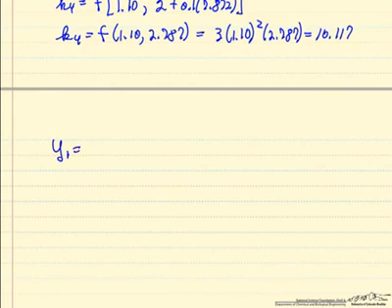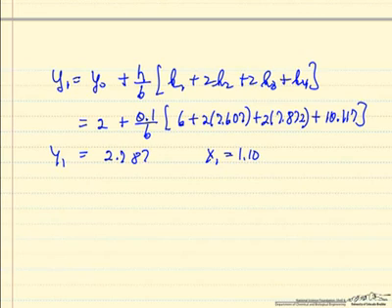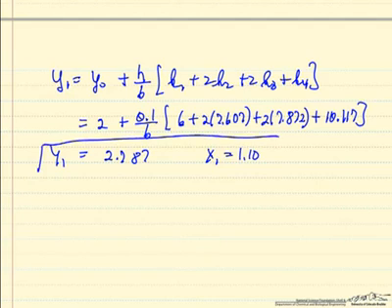So y1 is y0 plus the step size, h over 6, times k1 plus 2k2 plus 2k3 plus k4. So I'll substitute these values in. And so substituting the values we calculated for k1, k2, k3, and k4, we get y1 that corresponds to the next x value of 1.10.